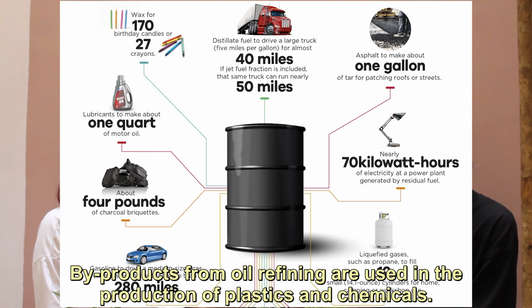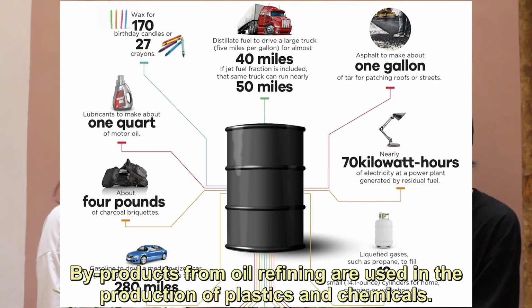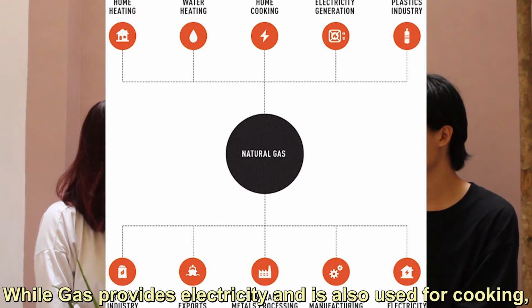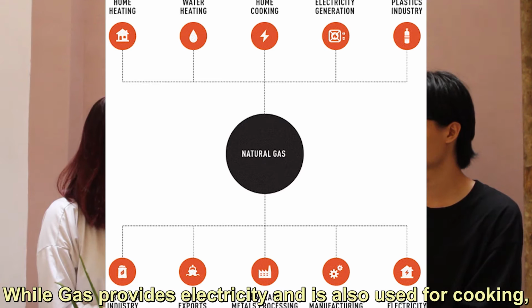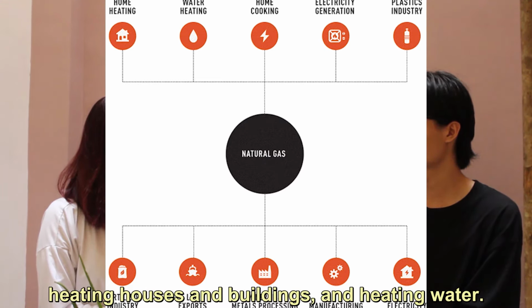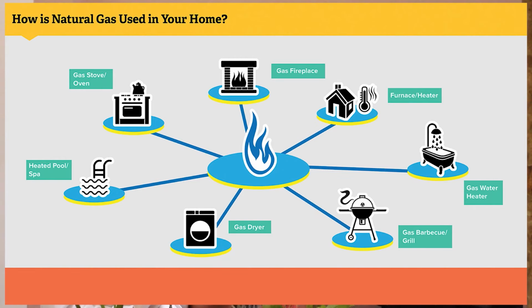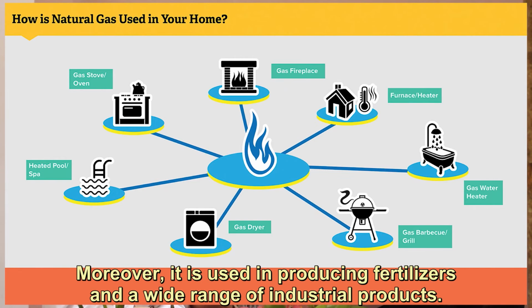Byproducts from oil refining are used in the production of plastics and chemicals, while gas provides electricity and is also used for cooking, heating houses and buildings, and heating water. Moreover, it is used in producing fertilizer and a wide range of industrial products.